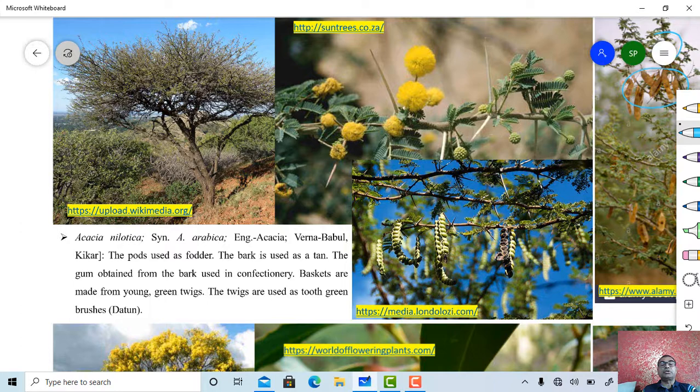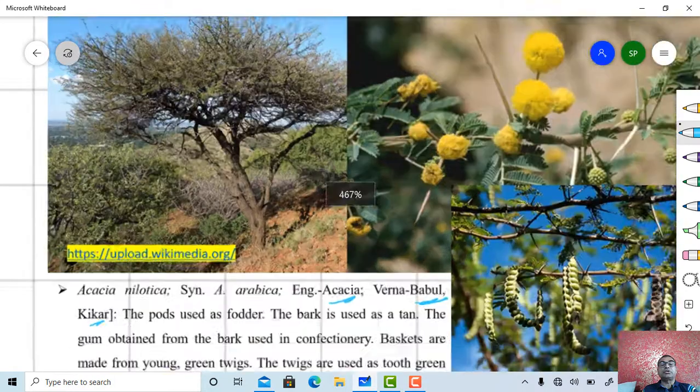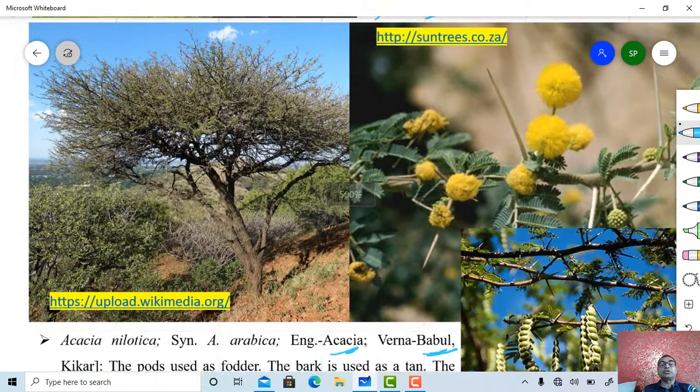Okay, the English name is Acacia, and the vernacular Marathi name is Babul, also called Kikar. So this one is a habit, completely tree habit is present here.